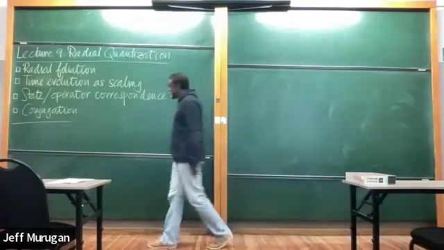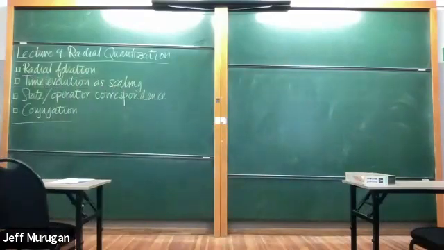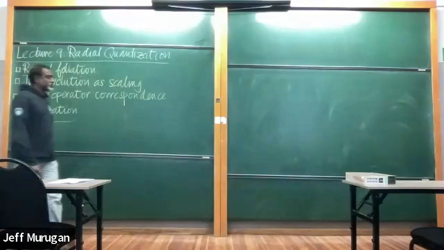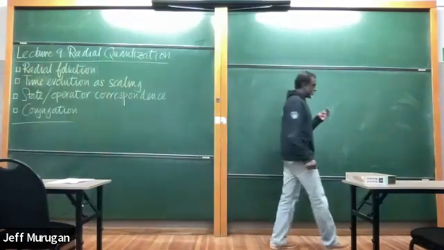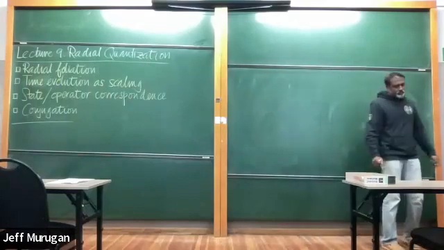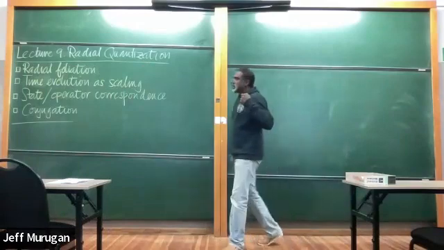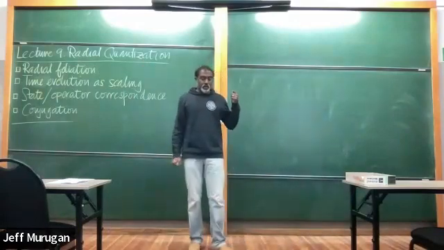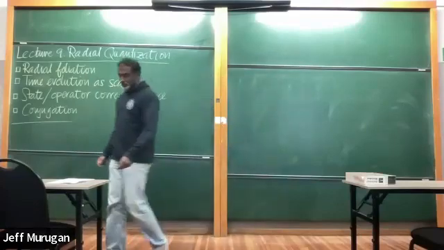But it's just as important, because being able to dagger things allows you to define inner products, and being able to take inner products allows you to compute correlation functions. And I've been saying over and over again as we've been working through the section that the observables that we care about in conformal field theories are correlation functions. And so we need to know how to calculate these correlation functions. Okay.